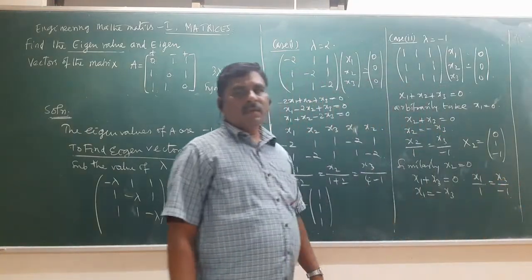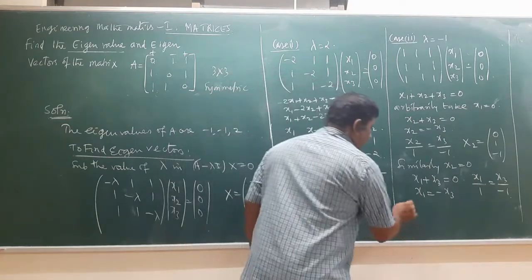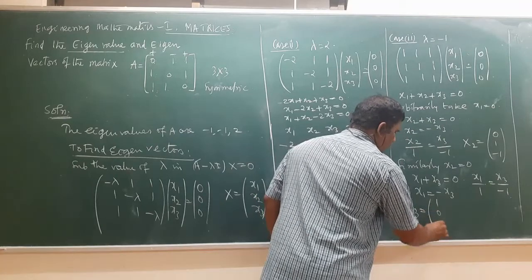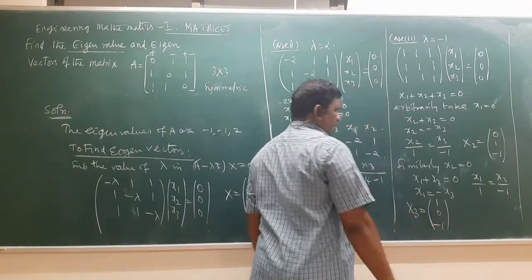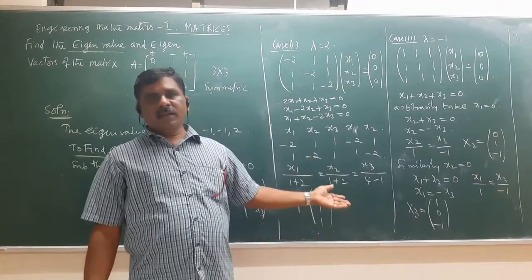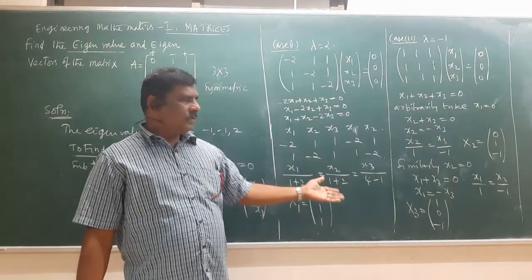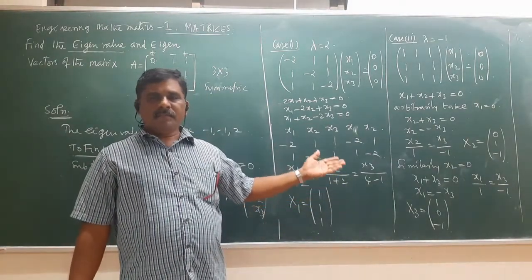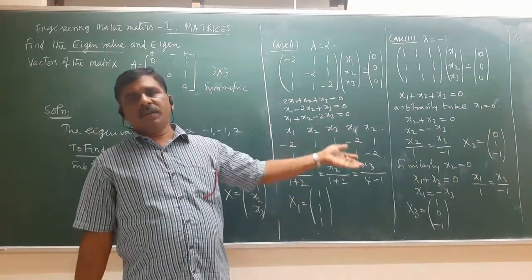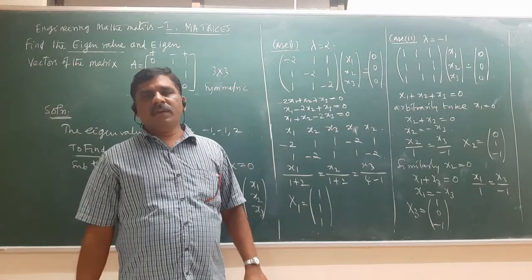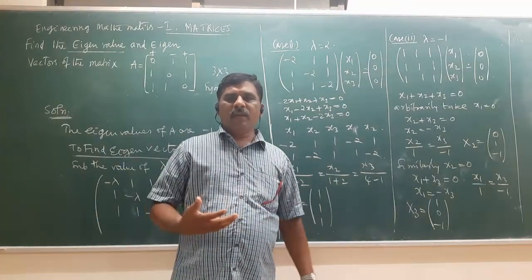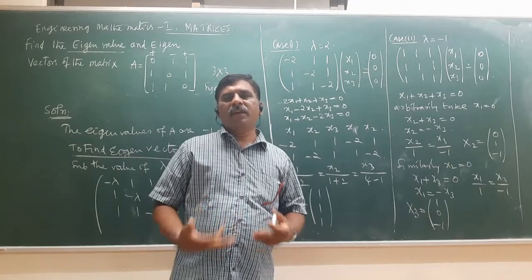So the eigenvector is 1, 0, minus 1. First we take x1 equal to 0, second we take x2 equal to 0. There is no end to this. You can even substitute x3 equal to 0 and get one more eigenvector. So for that eigenvalue, there is no unique eigenvector.